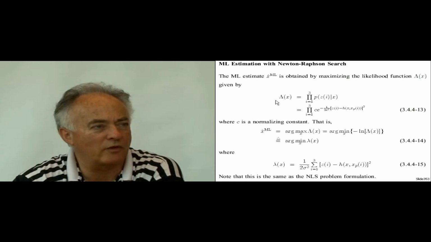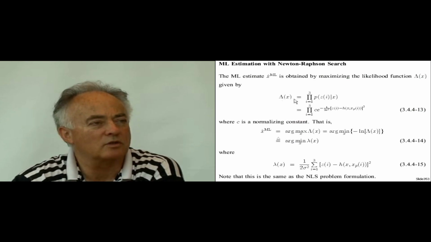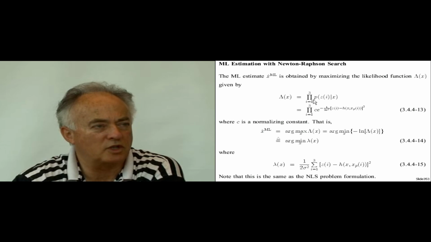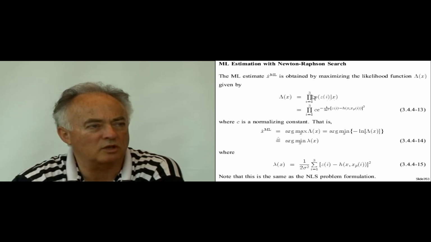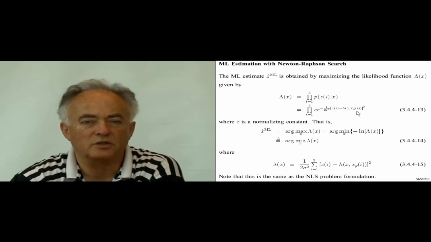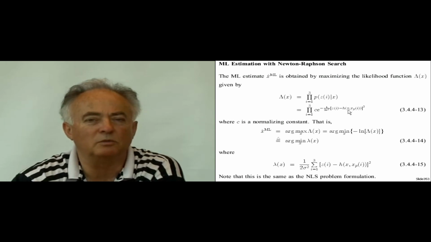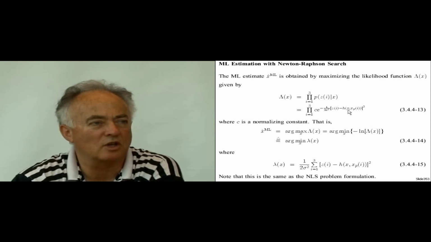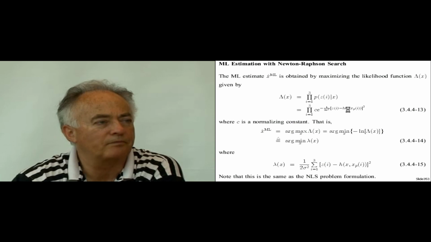So lambda of x in this case is p of z_i given x. There are three such z_i's, each is a Gaussian. Here is the measurement, here is the dependence of the measurement, the noiseless measurement that we would obtain ideally, on the state or parameter we are estimating, in this case, the vector x.